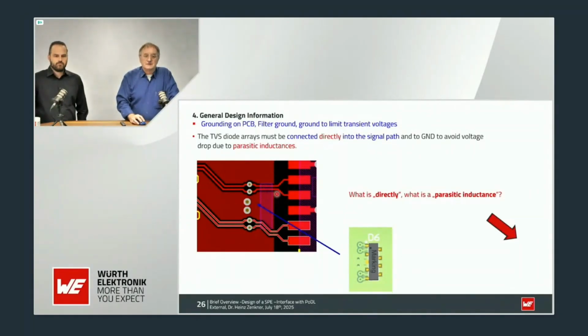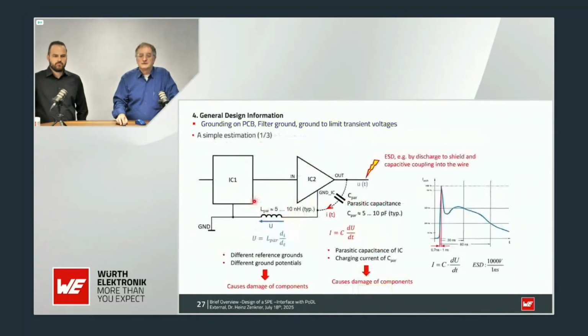So you see here one example of how we use the TVS diode arrays. We connect them directly into the signal path and have the shortest possible way to the ground on the secondary side of the system, or the shield ground on the primary side. Why? Just imagine some energy comes to the silicon, to the PHY, or to the output of any interface.